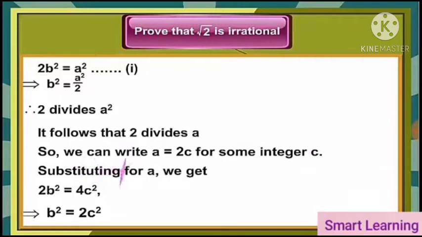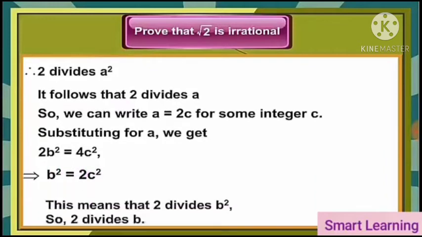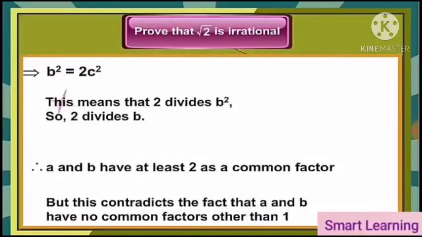Then, on substituting a is equal to 2c in 1, we get 2b square is equal to 4c square. Divide both sides by 2. This implies that b square is equal to 2c square. So this means 2 divides b square, and from the earlier proved theorem, 2 also divides b.